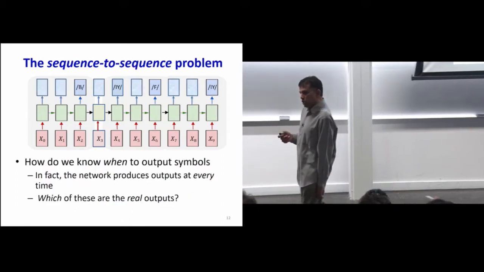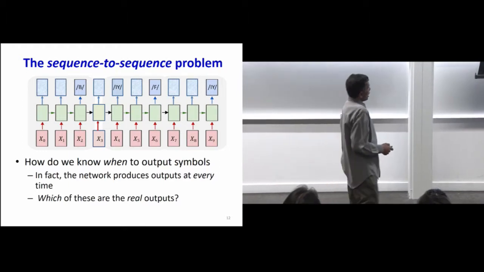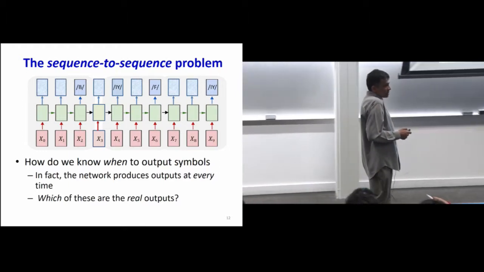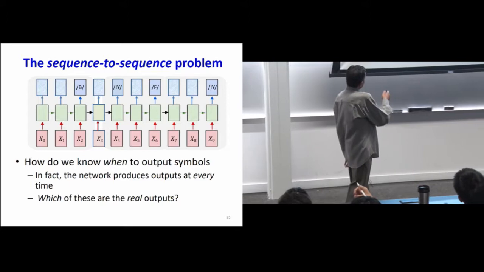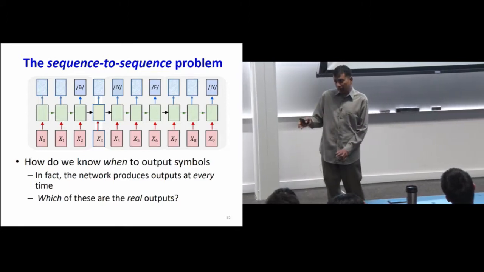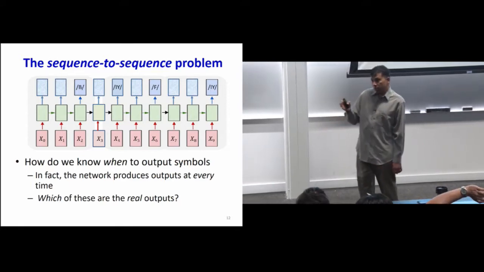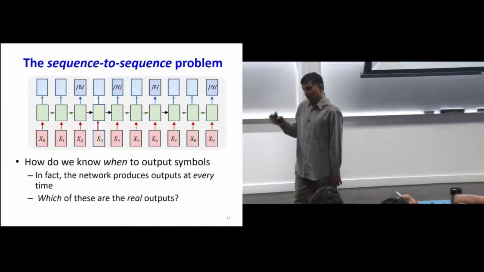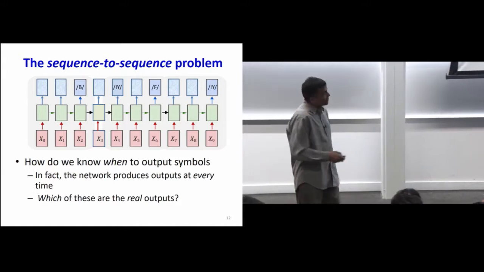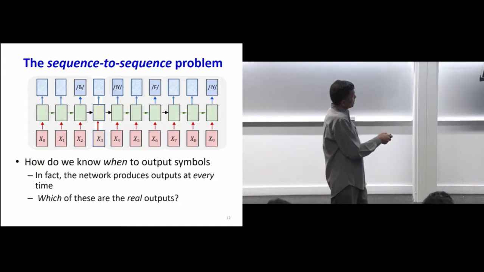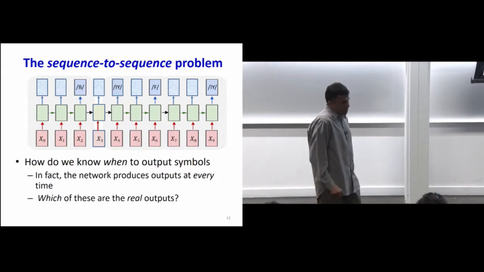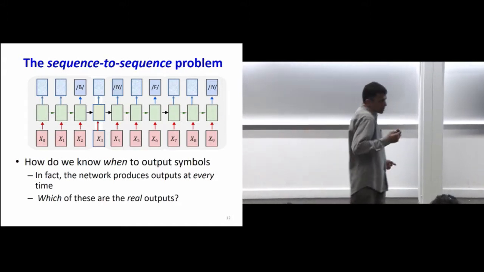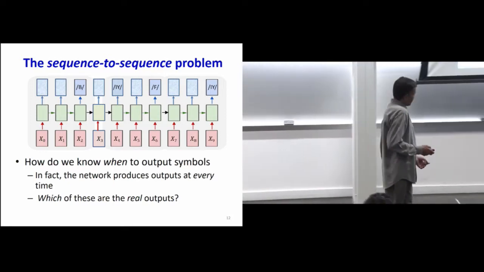So you are no longer sure exactly which outputs must be considered, because remember, every column is identical to every other column. So in reality, the network is producing an output at every time. And you need some way of deciding which of these outputs are the real ones, and which of them are just intermediate outputs that are also being produced by the network.